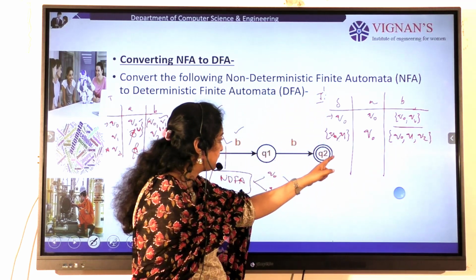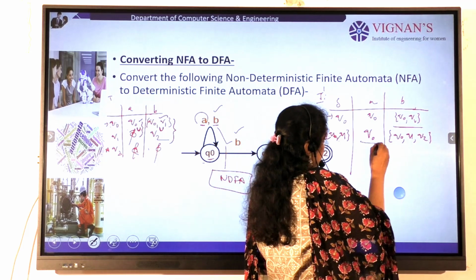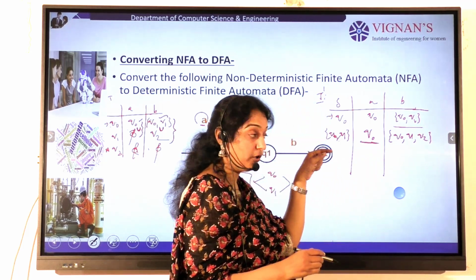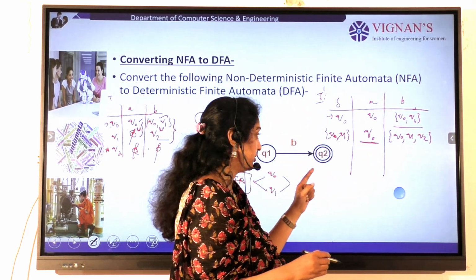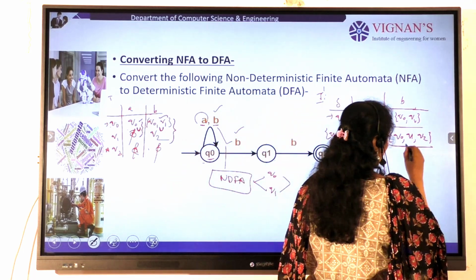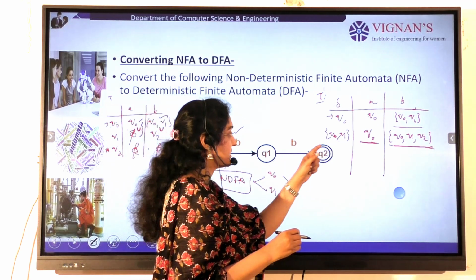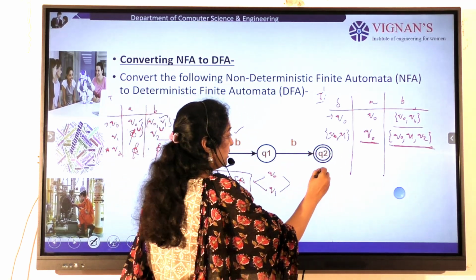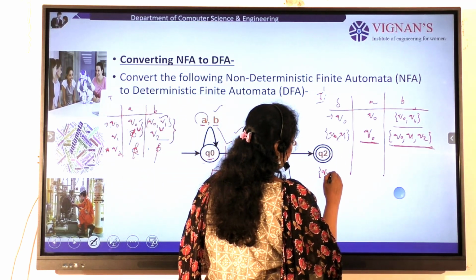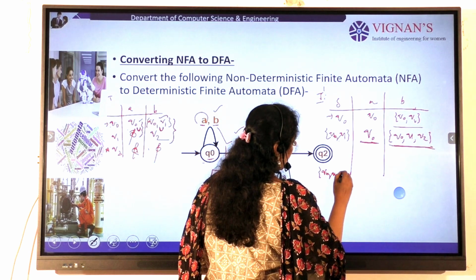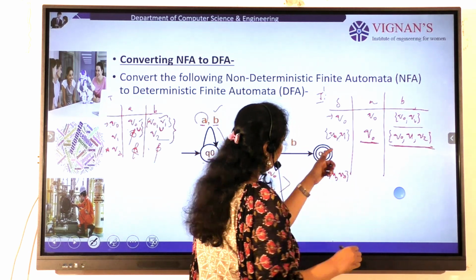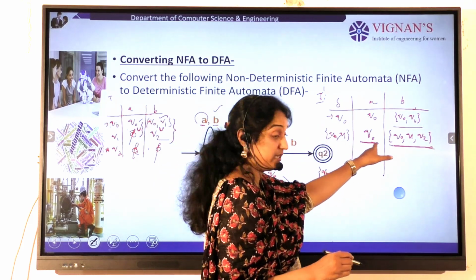Here if we observe, again we obtained Q0, which is an already existing state, so it is not a new state. Now Q0 Q1 Q2 is considered as a single state, and it is the new state. Now we need to find the entry for Q0 Q1 Q2, with the same procedure which we applied here.